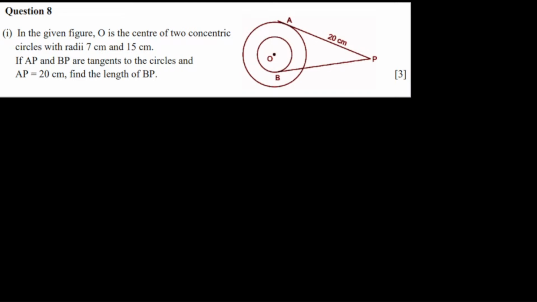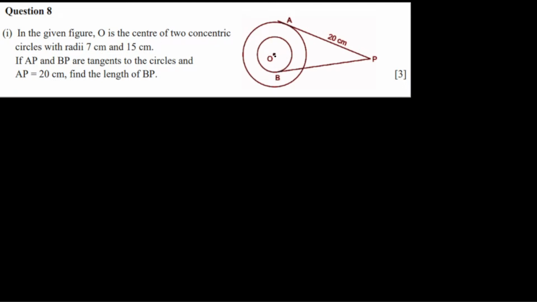So O is the center of circle B and O is the center of circle A as well. So it's given to us the radii. Radii means the radius of the circle is given to us, the smaller as well as the bigger one. So this length is 7 centimeter. The radius of the smaller circle is 7 centimeter and the radius of the bigger circle is 15 centimeter.